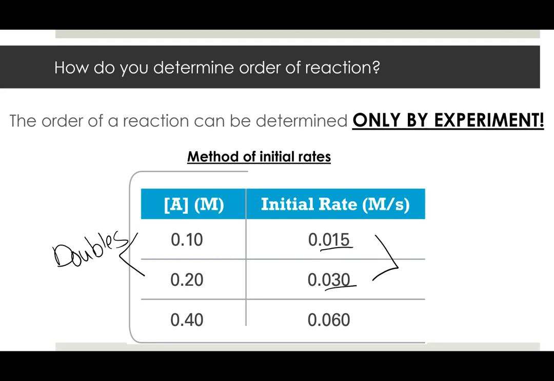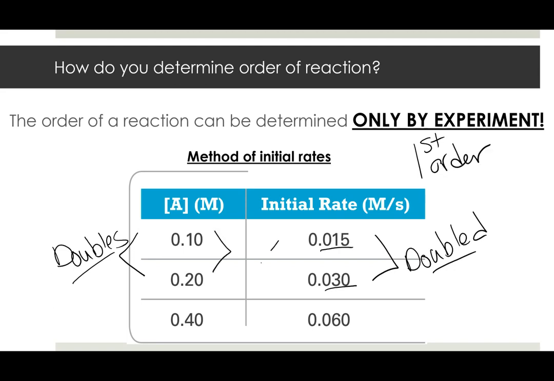What happened to the rate? It also doubled, right? So if we double the concentration and we see that the rate also doubles, we would say that those two are directly proportional. Or what kind of order would this be? Yeah, it's a first order reaction. Double concentration, double the rate. Double concentration, double the rate.